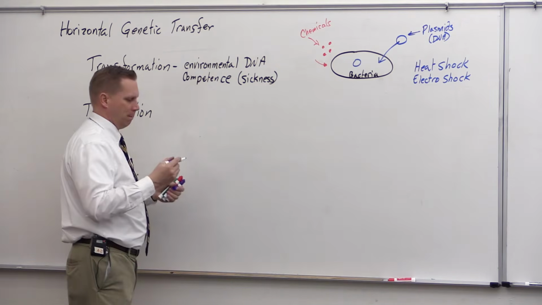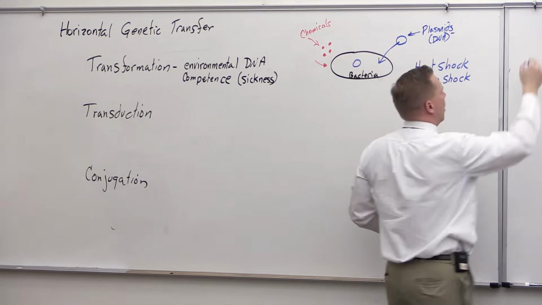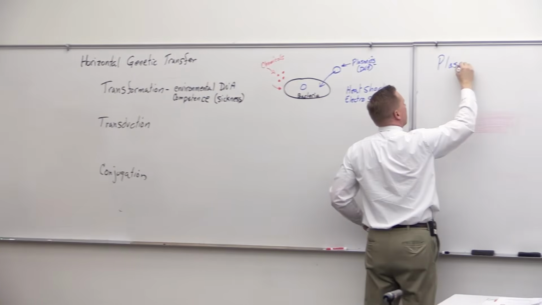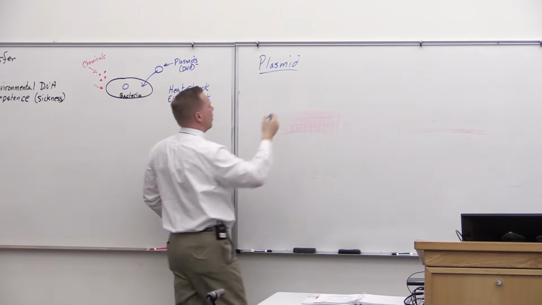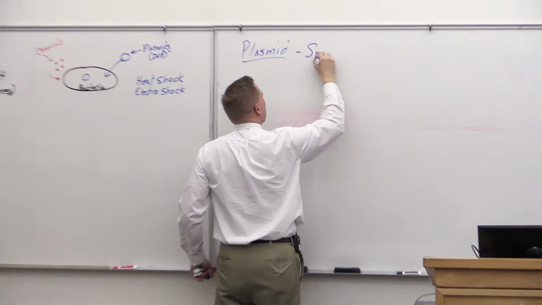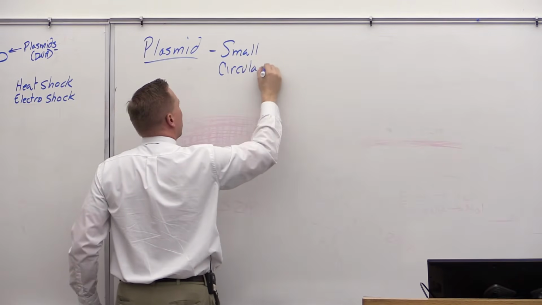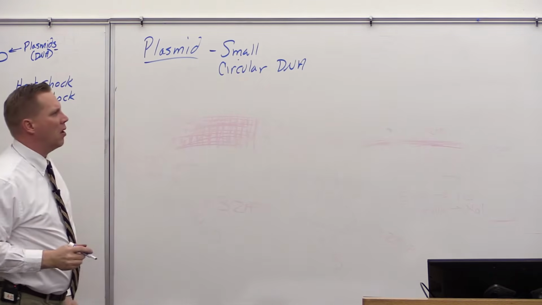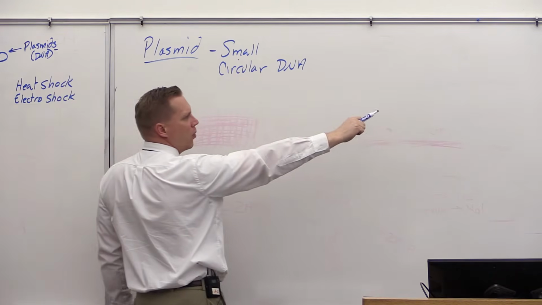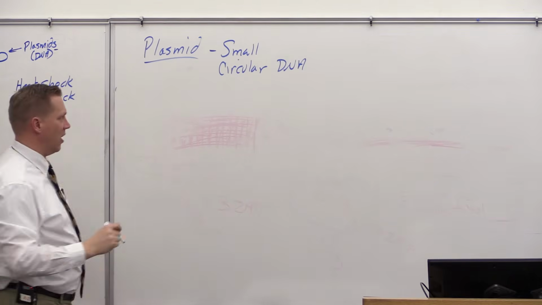Okay, let me redefine a term, come back to it, plasmid, because this comes up a lot. What is a plasmid? A plasmid is a small circular piece of DNA. It's similar to a prokaryote chromosome in that it's circular, but very different in size.